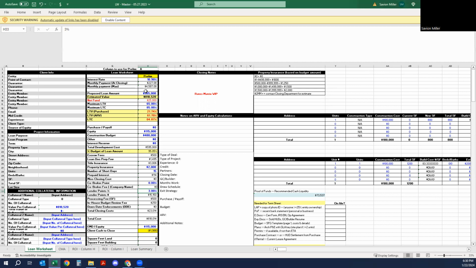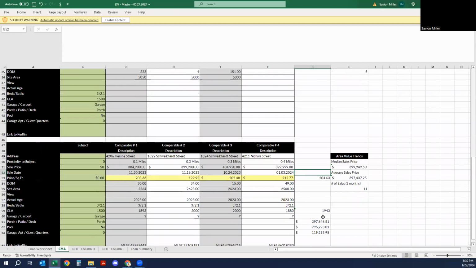So here, see, what I did is I went ahead and plugged in the estimated value. I did the estimated value for 397,646. I believe I just multiplied that by 2.